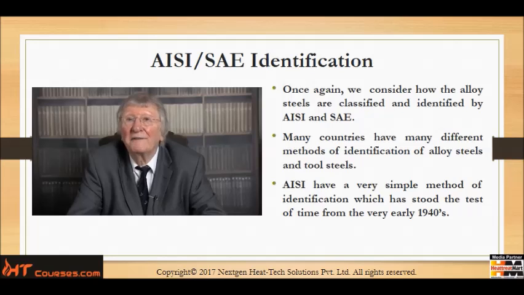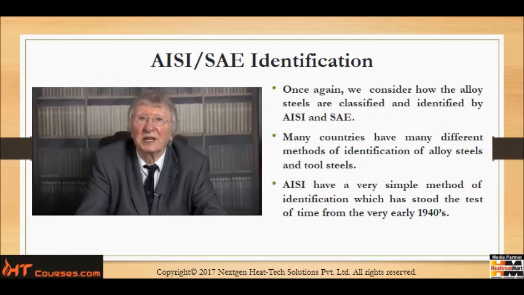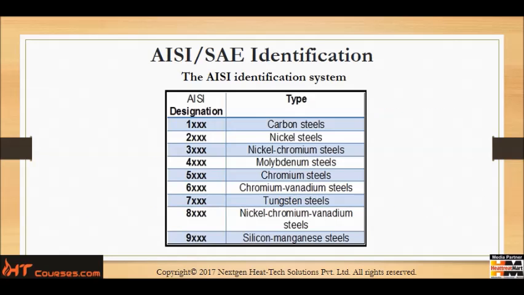AISI have a very simple method of identification which has stood the test of time from the very early 1940s, and maybe earlier than that in the 1930s. On the left-hand side of the table that I've presented there, AISI designations.